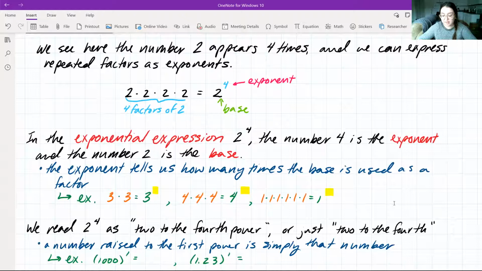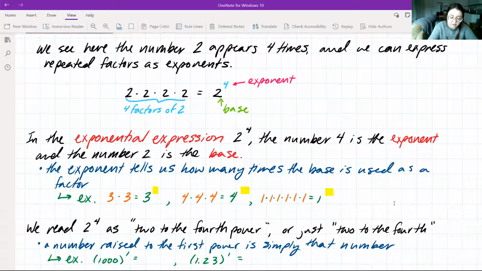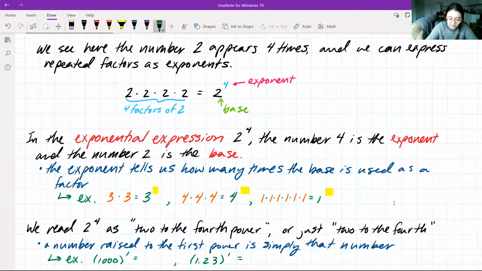The exponent tells us how many times the base is used as a factor. As an example, if we have 3 times 3, 3 is our base because that's the actual number we're multiplying, and we multiply it twice.